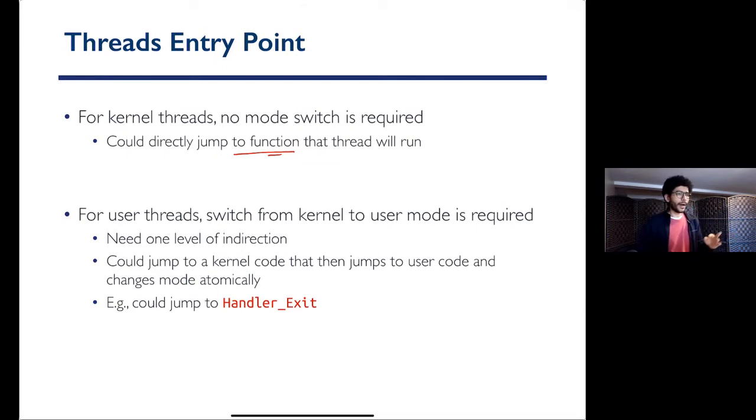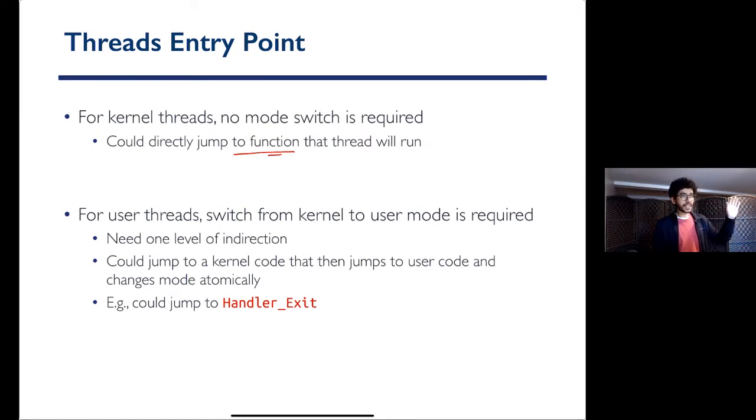Now, I believe in your labs, we have this special function, if things haven't changed from two years ago when I taught this course. When we create these new threads, we jump there, and that function then jumps to the beginning of the function that you want to run and also does a mode switch.